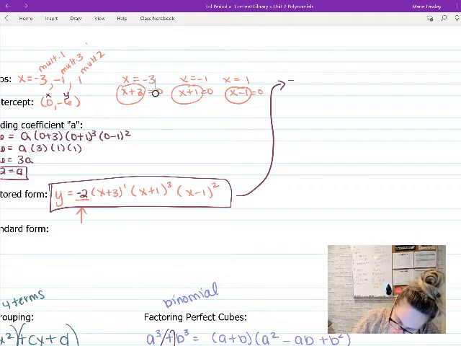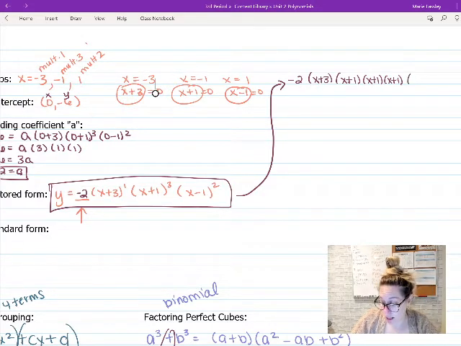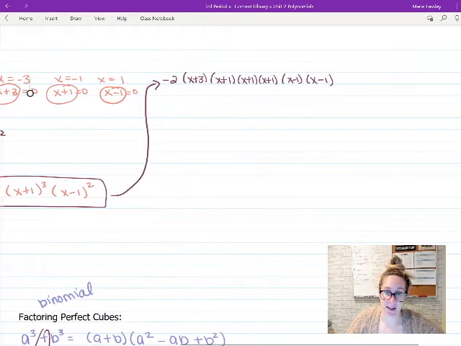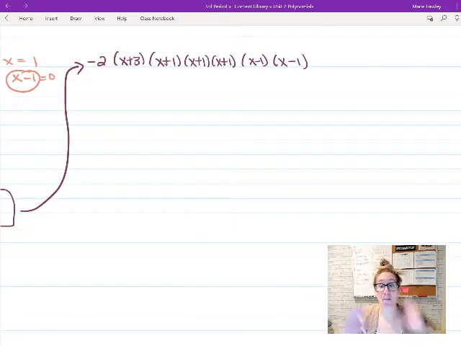So -2 times x plus 3, x plus 1 three times, and x minus 1 twice. Okay, so now that I have that, I can move all the way over. Guys, we're literally just multiplying this straight out, all the way, so that we have no more factors left in our problem.